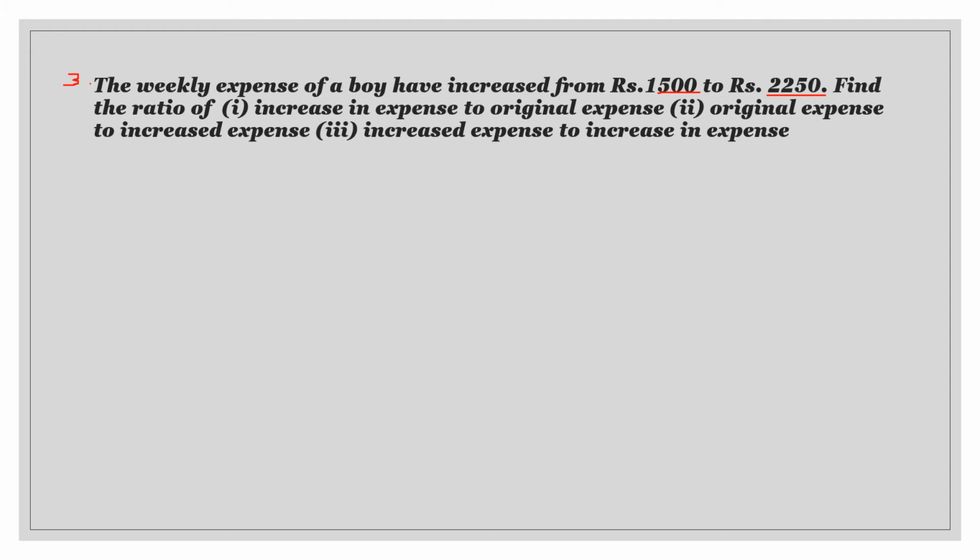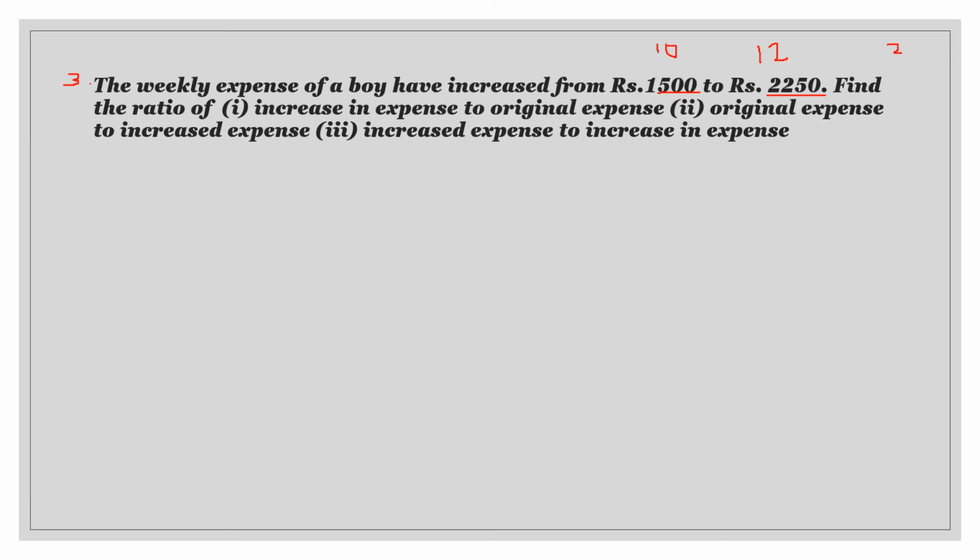Now suppose you were getting 10 rupees as your original expense, and now your new increased expense is 12 rupees. So by how much has it increased? You know it is 12 minus 10, increased minus original. So that will be 2. So increase in expense will be how much?